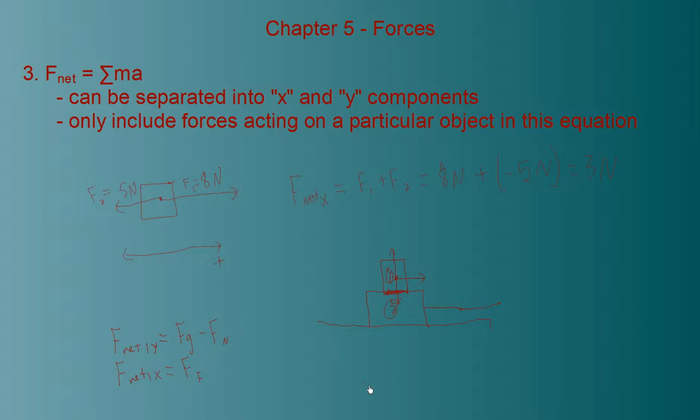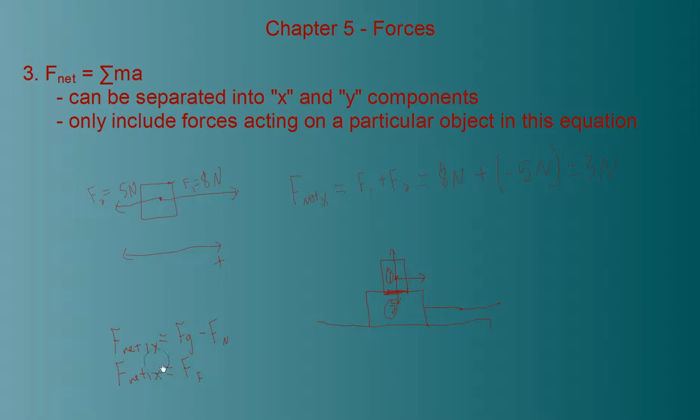Now some people are inclined to say that the rope is acting on 1, so you'd say plus force of the rope, or in other words, force of tension. But this rope is only acting on object 2, and so you don't put that. You only want the forces acting on object 1.